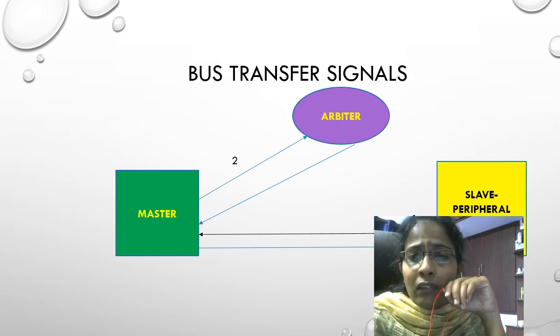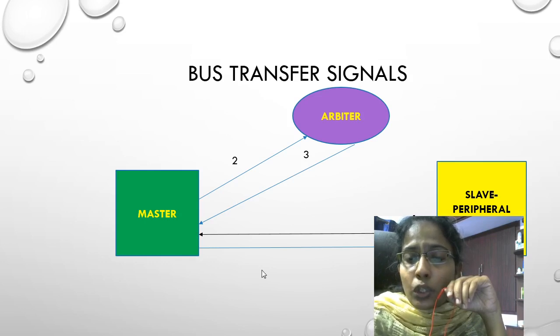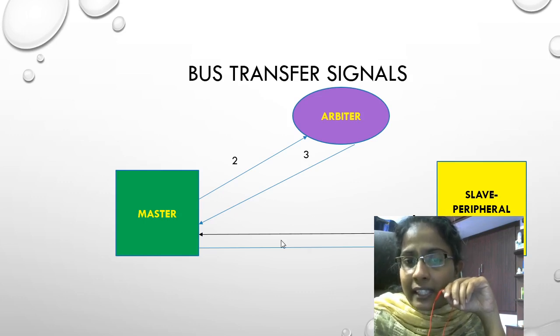So the arbiter will provide a request grant. The request has been given and then granted. Once the request has been granted, the signal is issued to the slave, which is our peripheral device. This happens in a sequential manner: first the request for the bus, the master gives that to the arbiter, the arbiter grants the bus, and that is given to the slave device.